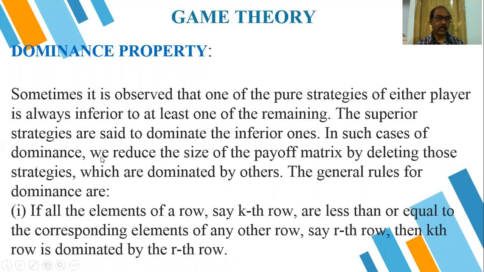In such cases of dominance, we reduce the size of the payoff matrix, since the inferior strategy is not used by the player. That strategy is not selected as a course of action; the player is not choosing that inferior strategy.